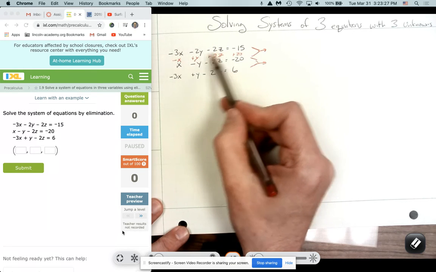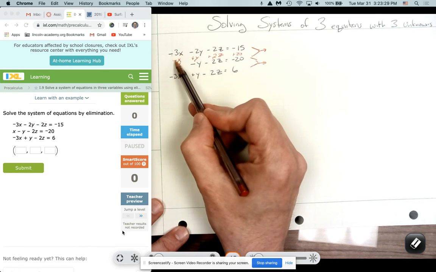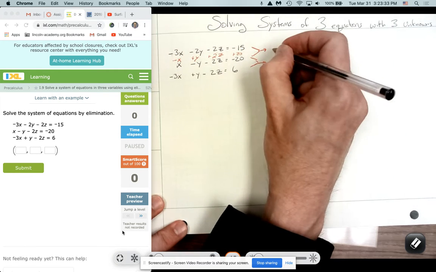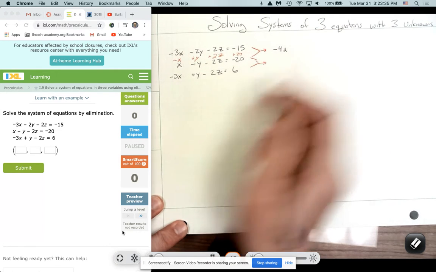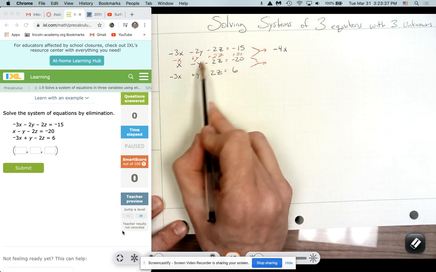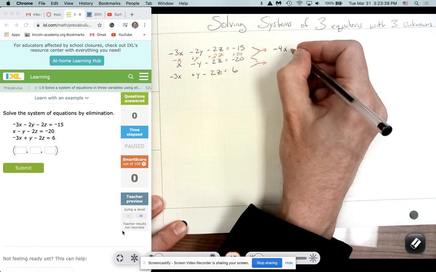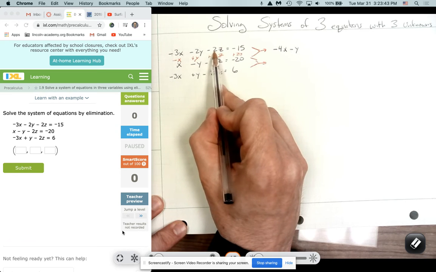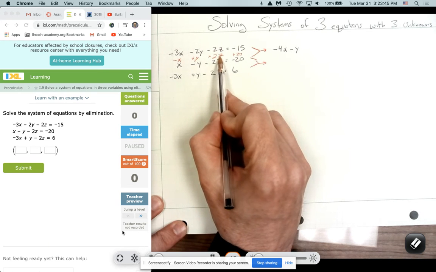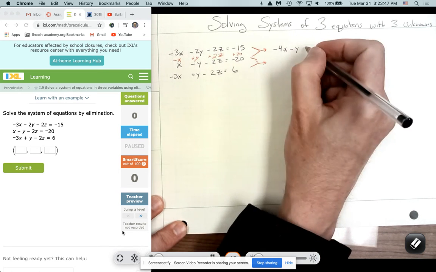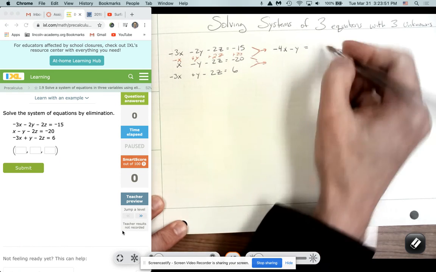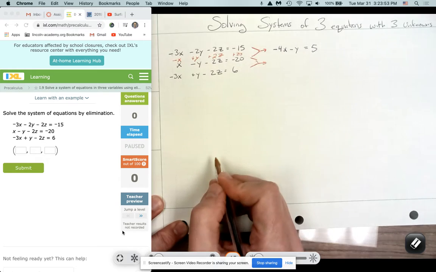When I add now, I have a negative 3x minus x, which gives me a negative 4x. I have a negative 2y plus y, which gives me a minus y. I have the negative 2z plus 2z, which eliminate, equals a negative 15 plus 20, which would be 5.